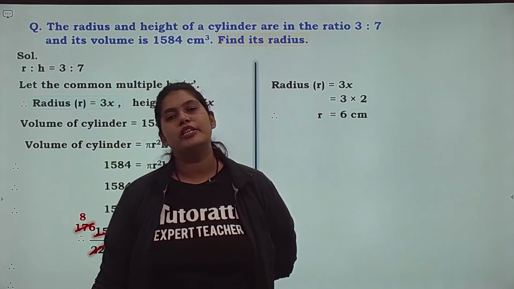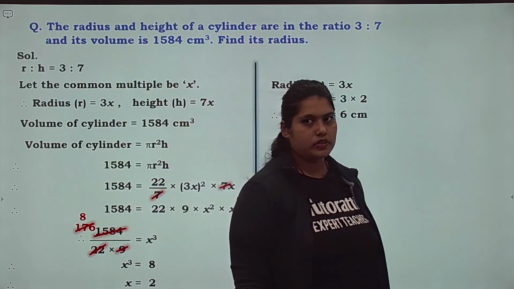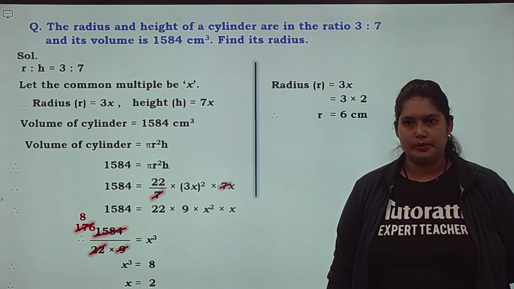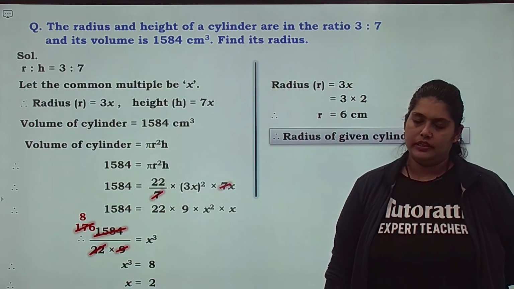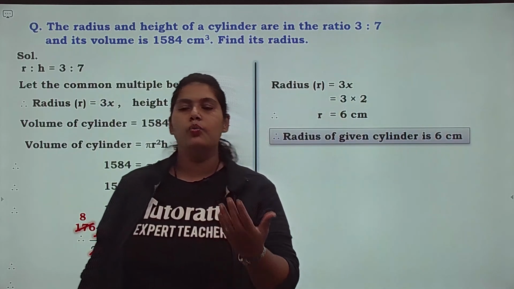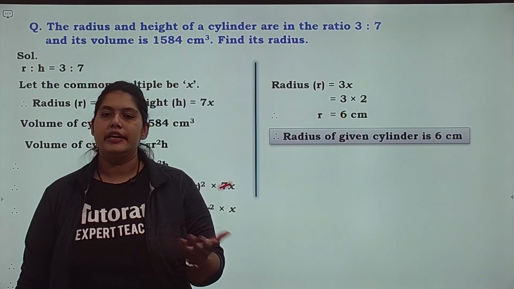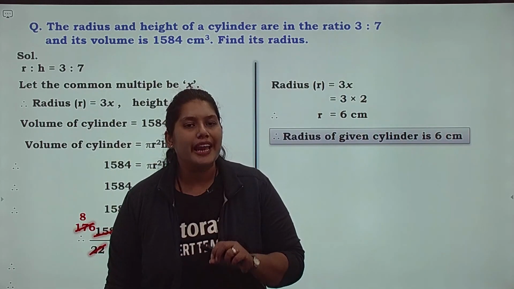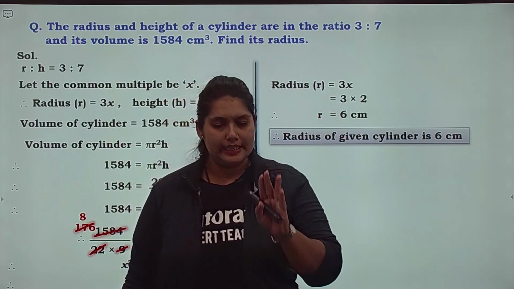So, the unit of measurement is going to be centimeters. So, what is my radius? It is 6 centimeters. Clear, children? Yes. So, here we find the radius when we have the volume given with the help of ratios of height and radius. Now, we come to the end of our 3D model cylinder.